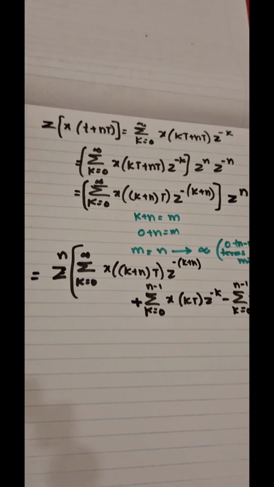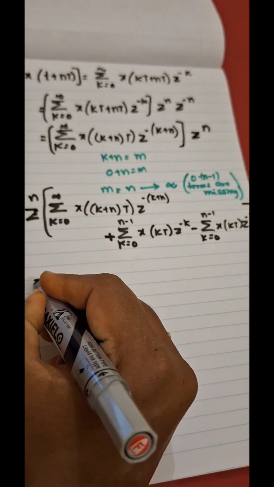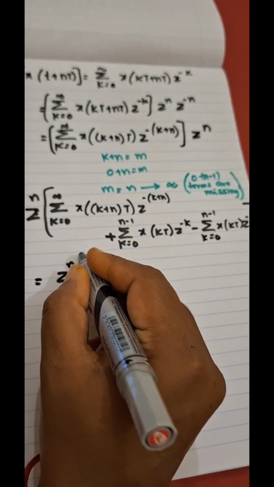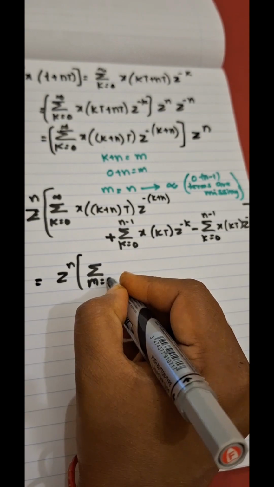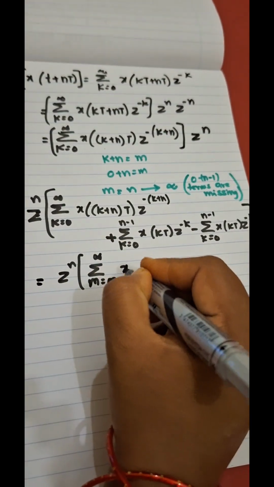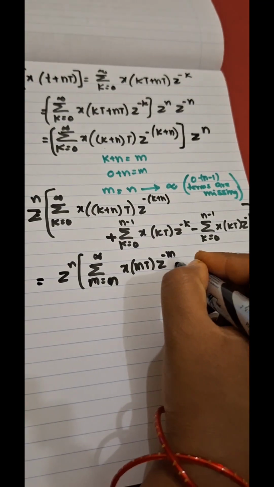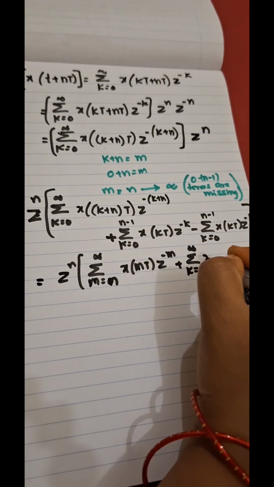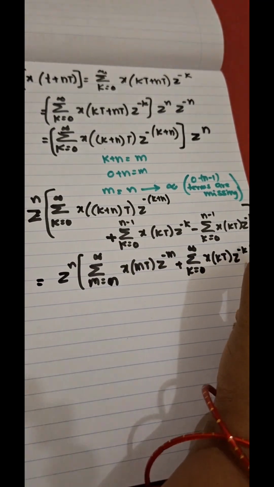Okay, so now from this equation I can say this as z power n into sigma m is equal to n to infinity x of mT z power minus m plus sigma k is equal to 0 to infinity x of kT z power minus k.